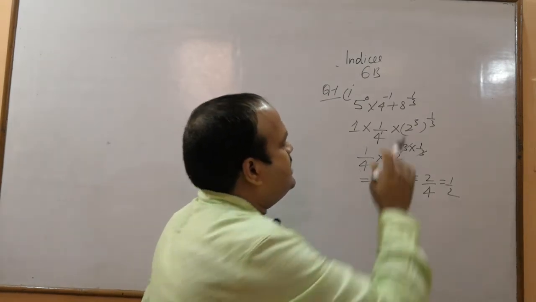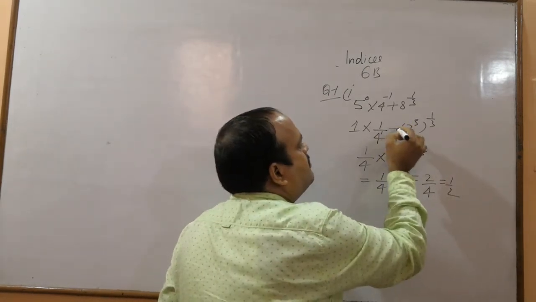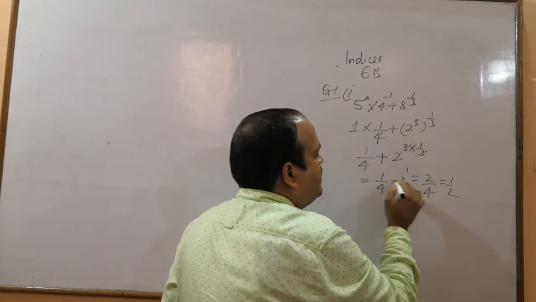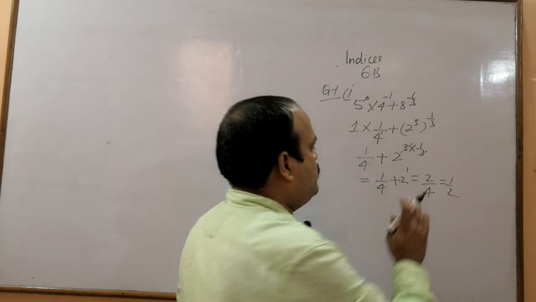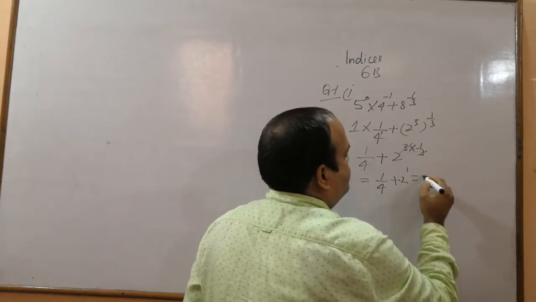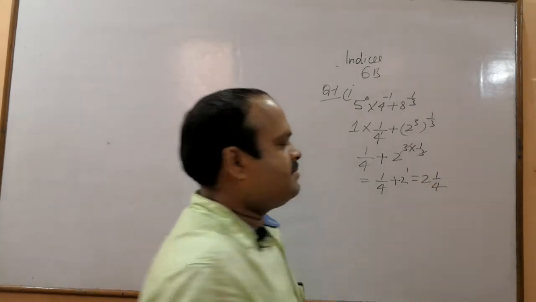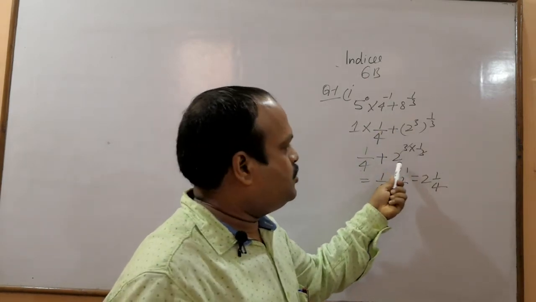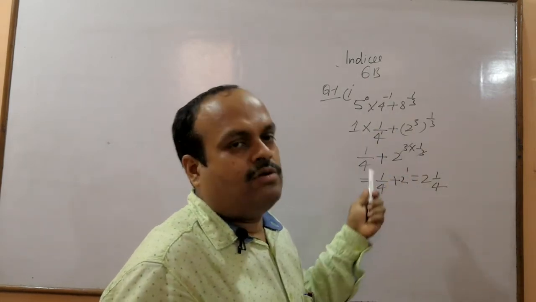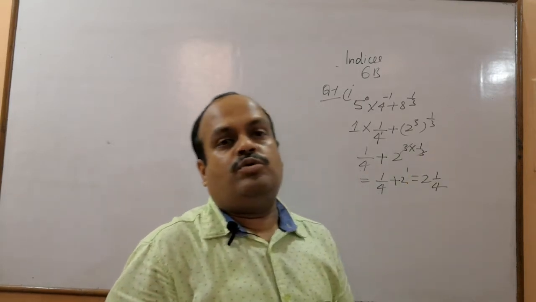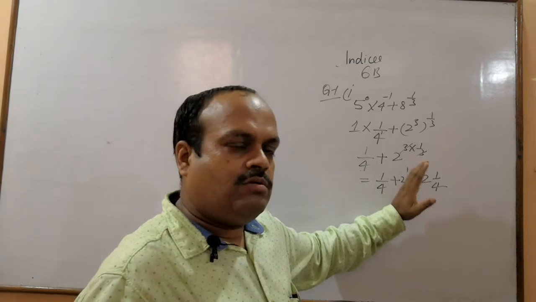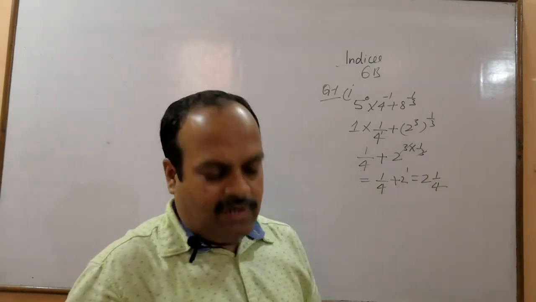Sorry, this is plus 2. Okay, no matter. This is plus 2 plus 8. So we will get here 2 plus 1 by 4, which can finally be written as 2 whole 1 by 4. When we add 2 and 1 by 4, we will get 2 whole 1 by 4.